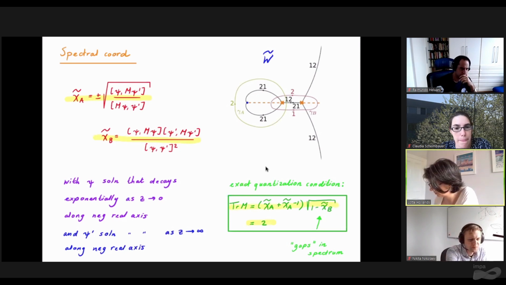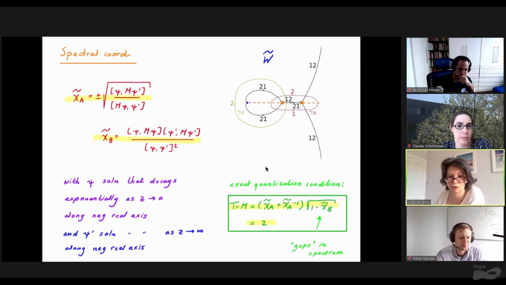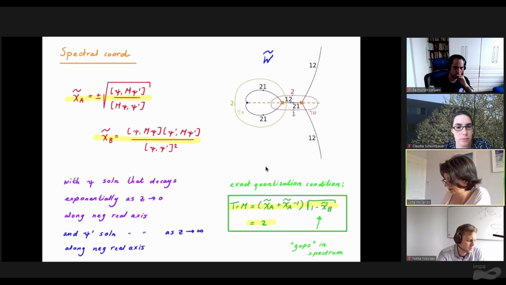as in this formula. In particular, we can use WKB for these X_A and X_B to get approximations for the energies. And this extra factor, the square root of 1 minus X tilde of B, explains the gaps that you find in the material spectrum, if that means anything to you.